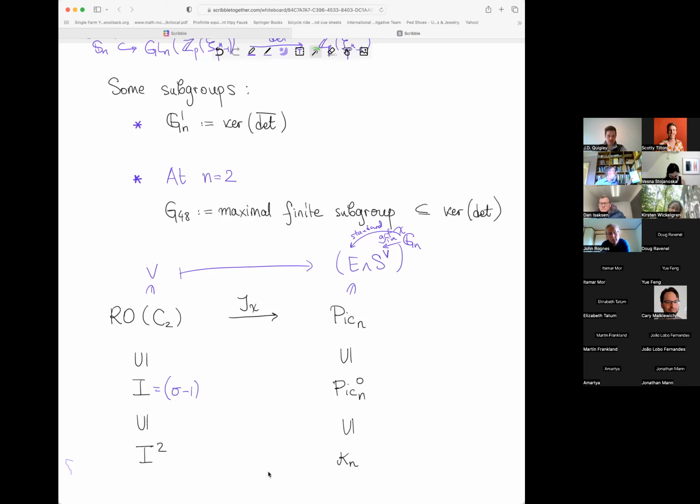So if V is in here, it's going to land in what's called Pic_n^0, and these are those invertible objects X such that the E homology is even. So there are no odd shifts there.